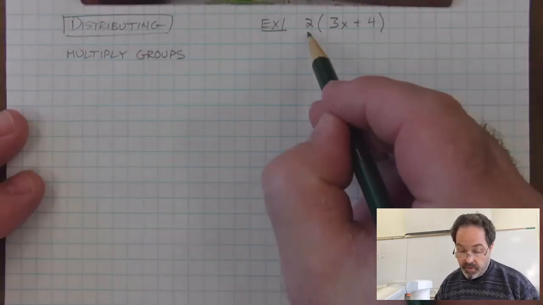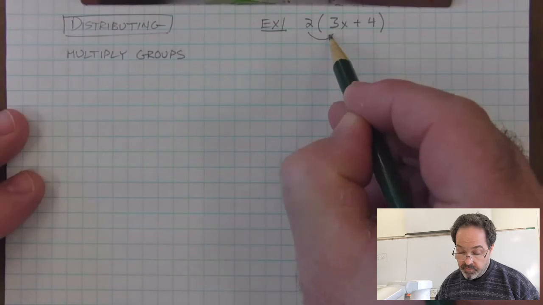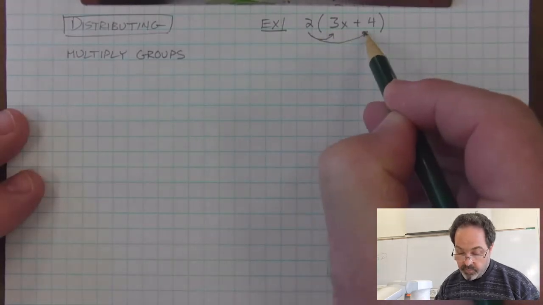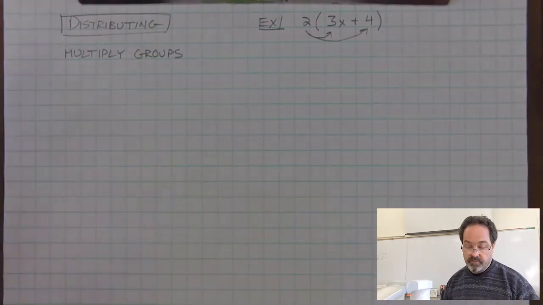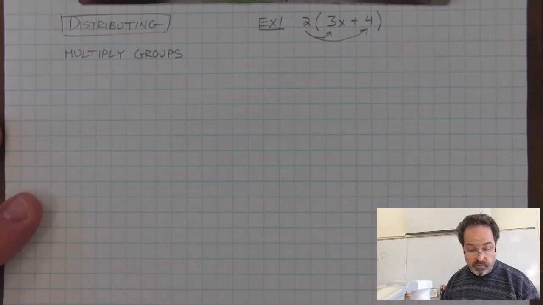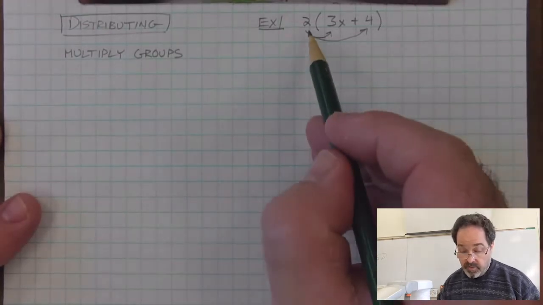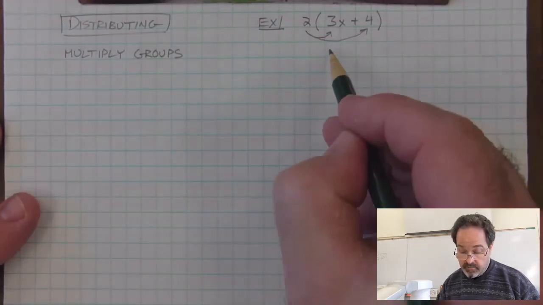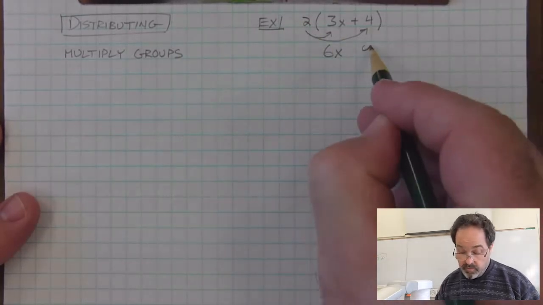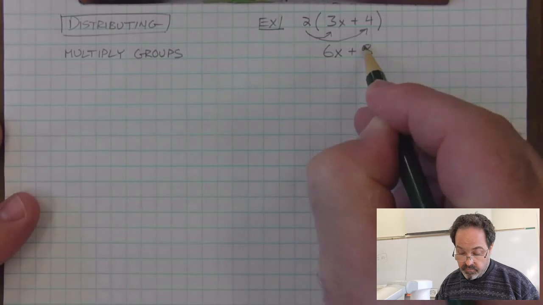I need to remember that the 2 is going to multiply the 3x and the 2 is also going to multiply the 4. We could think of this as distributing a 2 to 3x and 4. So I'm going to do these separately. 2 times 3x is 6x, and 2 times 4 is 8, which is positive.